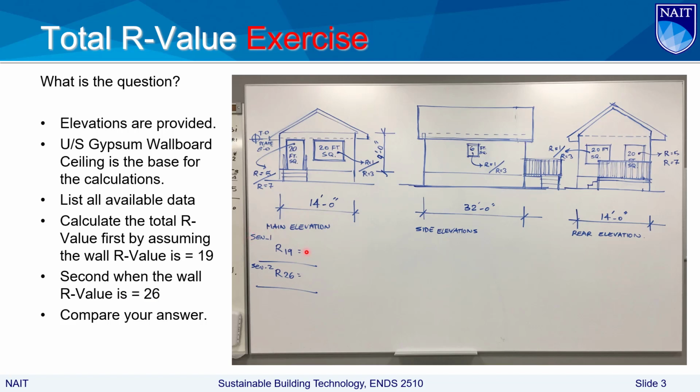In scenario number 1, the R value is 19, and if the R value is 26, then what would be the results of R value for this elevation? And then we are going to compare the answers together to see how we can learn from it, and if we change the R value on the components of the wall, how we will be enhancing the total R value of the building.